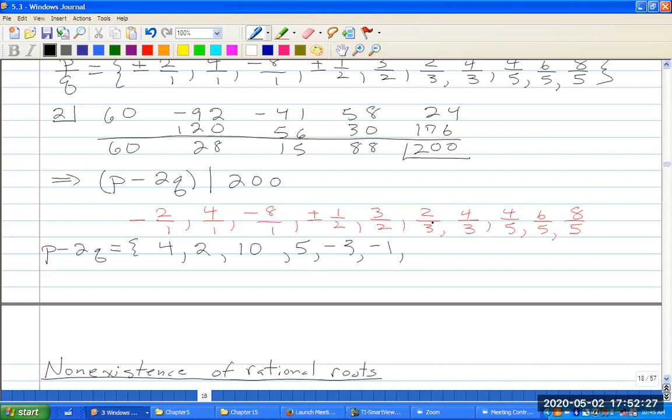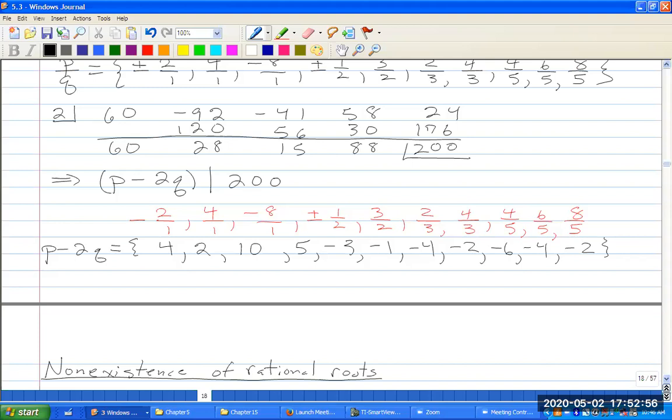And then 2 minus 6 is negative 4. 4 minus 6, negative 2. 4 minus 10, 8 minus 10. Okay, so we want it to be a factor of 4.